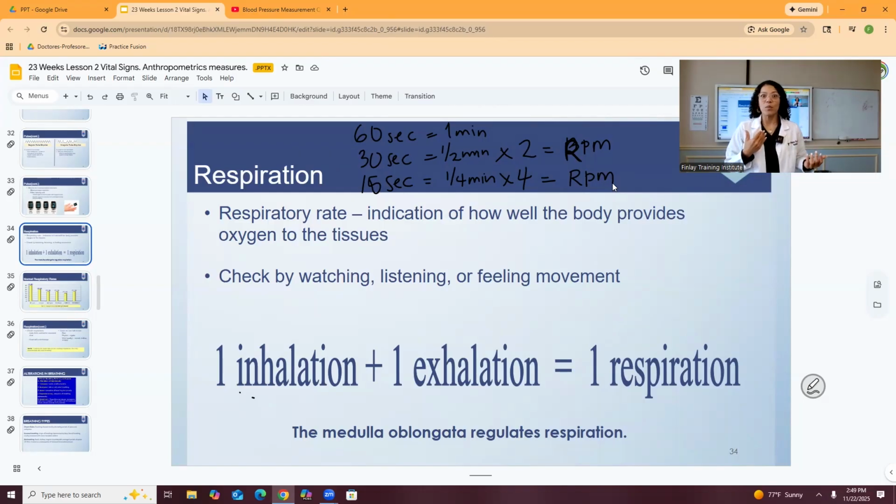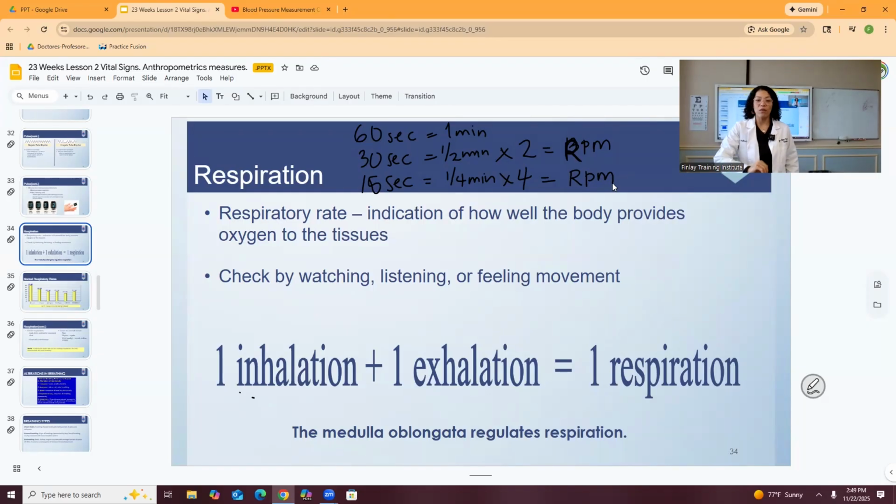You don't have to tell them I'm counting. You just have to look at the patient. The patient is going to think that you're still taking the pulse, and you're going to see the movement in the chest area. Every time it elevates and decreases, that's 1, 2, 3, 4.